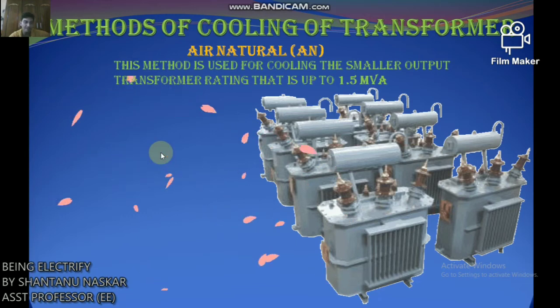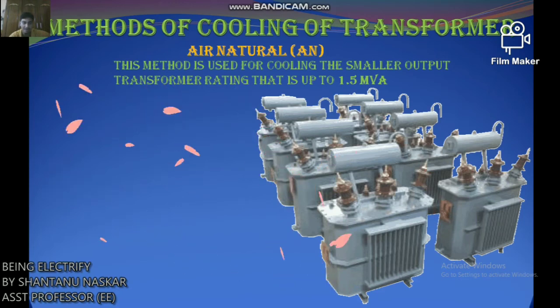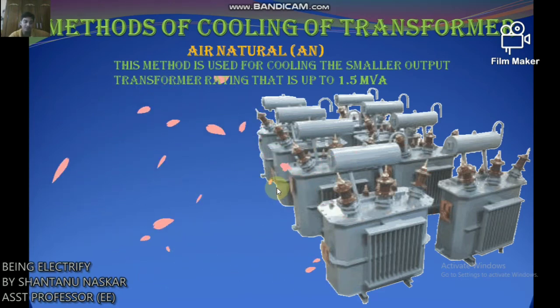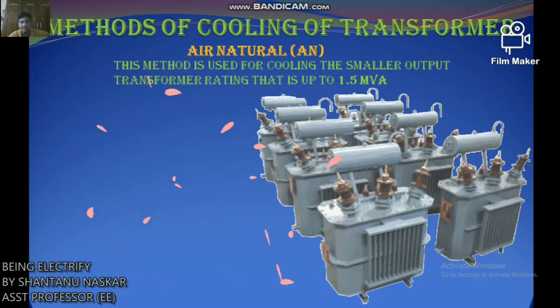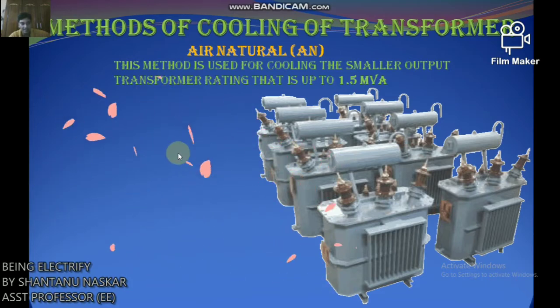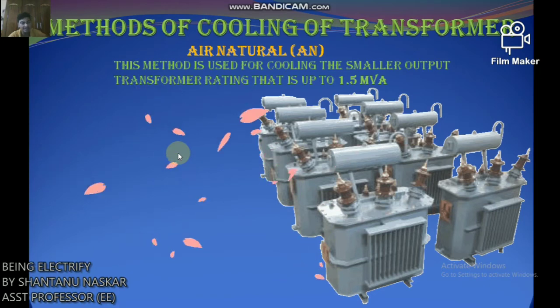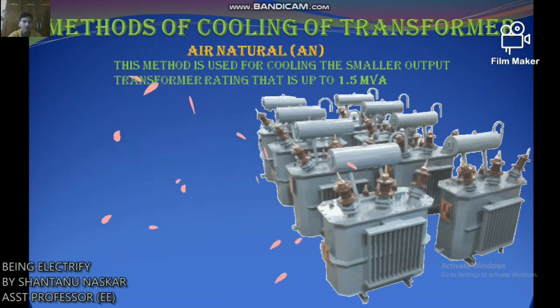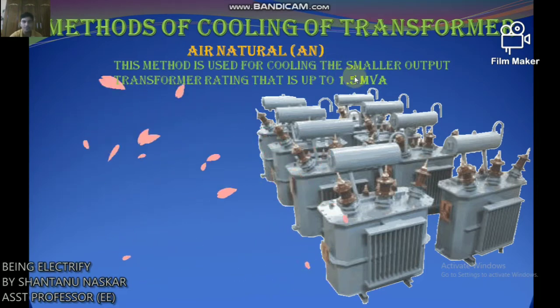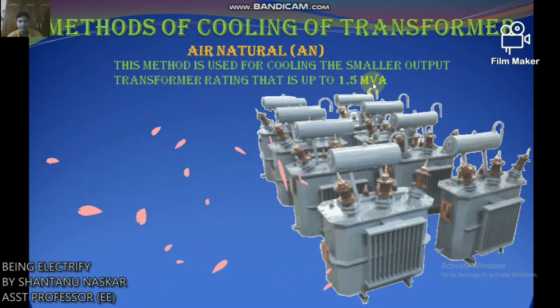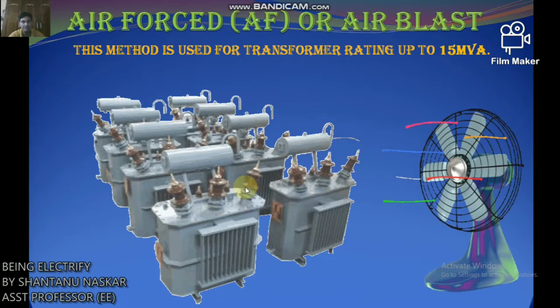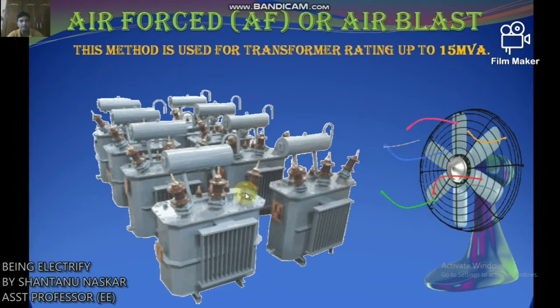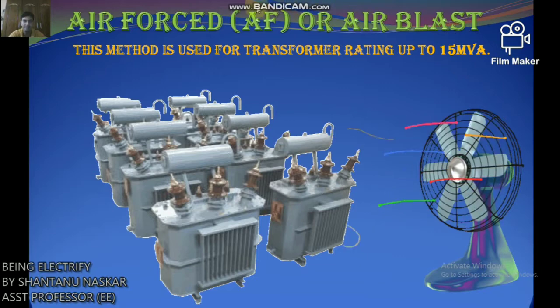When the temperature of the transformer becomes higher than the temperature of the surrounding air, by the process of natural convection, heated air is replaced by cool air. This method is also known as the self-cool method. This method is used for cooling smaller output transformer ratings, that is up to 1.5 MVA.